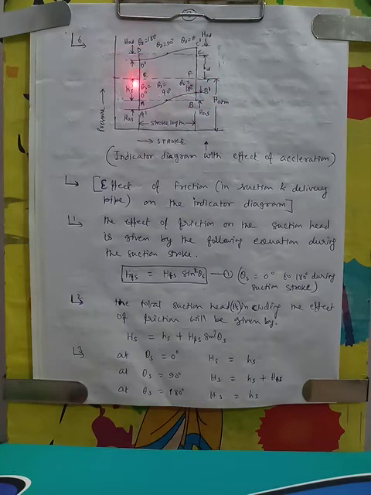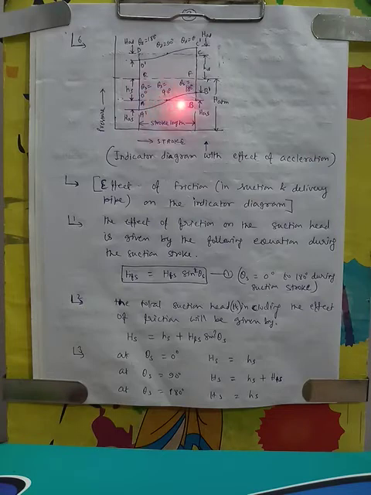But if we consider the effect of acceleration, then at the starting 0 degree of the angle, the suction head will be HS plus HAS, means A dash. The suction stroke will start from A dash. And at 90 degree, means middle of this stroke, the suction head is HS only, small hs.